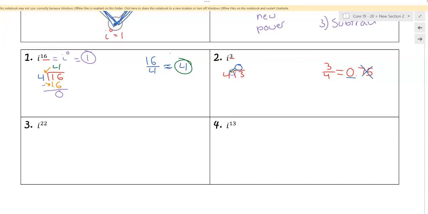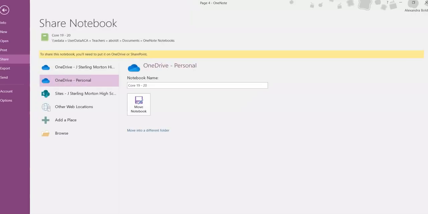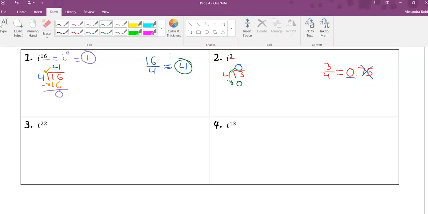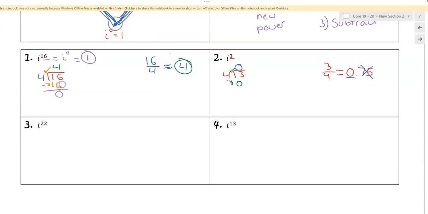Multiplying, 0 times 4 is 0. Subtracting, 3 minus 0 is 3. Well, that makes sense. Our power doesn't change. We know what the i to the third is. It's negative i. So technically we didn't have to go through all that. The i to the third is in our table that we have to have memorized, right? It's part of the bases already.